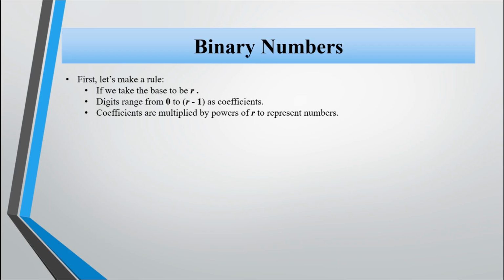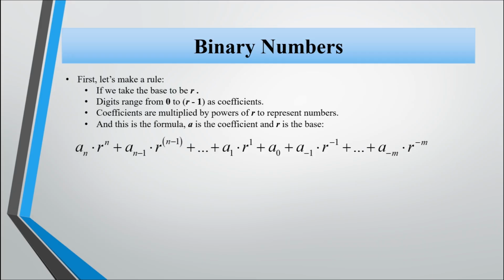Coefficients are multiplied by powers of r to represent numbers. And this is the formula. As you can see in the formula here, A is the coefficient, r is the base, and n shows the place.